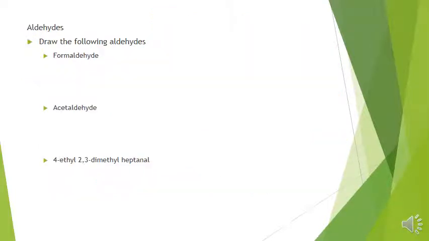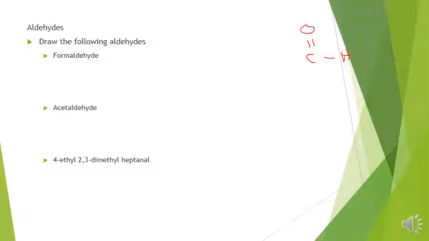All right, aldehydes. Aldehydes will have a double bond to oxygen, and they'll always be on the end or the beginning of a molecule. There's 2 that are oddly named.